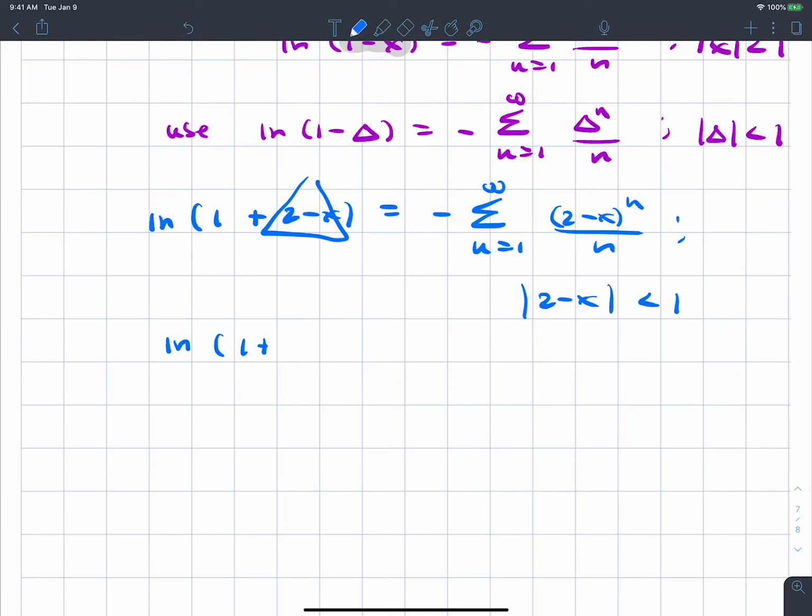That's the power series expansion of the natural log of 1 plus 2 minus x. I guess there's no algebra to do here with this one.